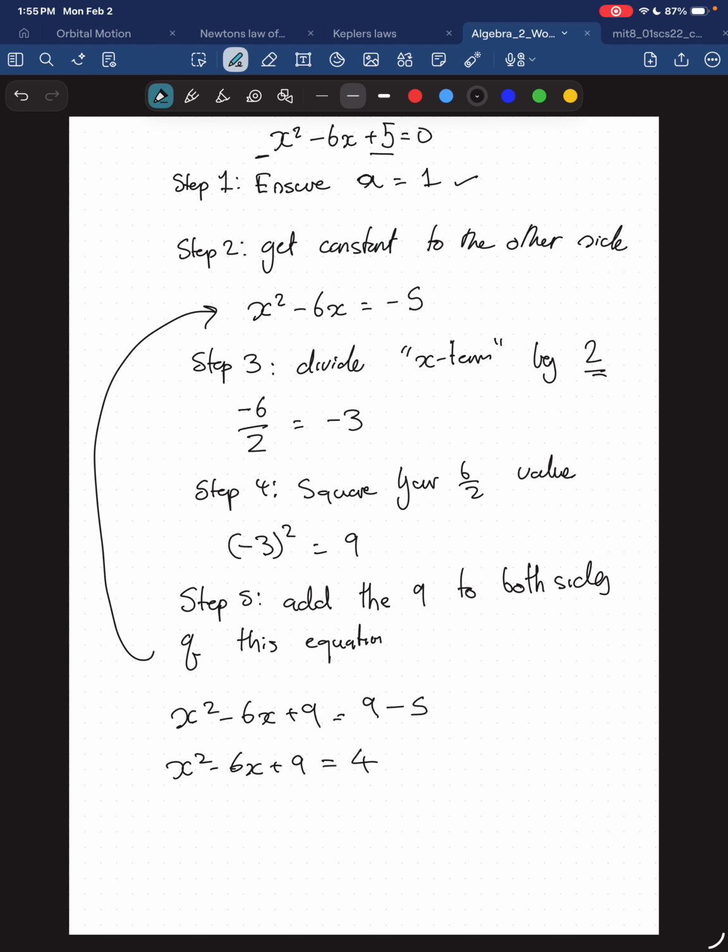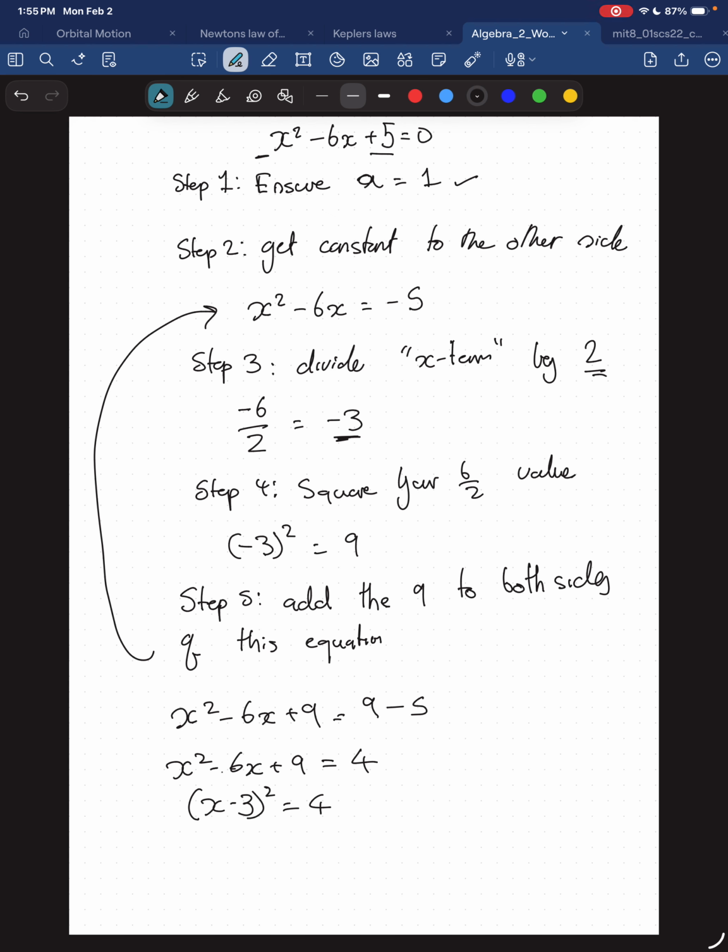So now, this quadratic equation has been made into the format of a perfect square, so to say. I can express this as a product of two binomials. Basically, I can easily factor this equation, and it's going to be x minus 3, and this minus 3 comes from step 3. x minus 3 squared is equal to 4.